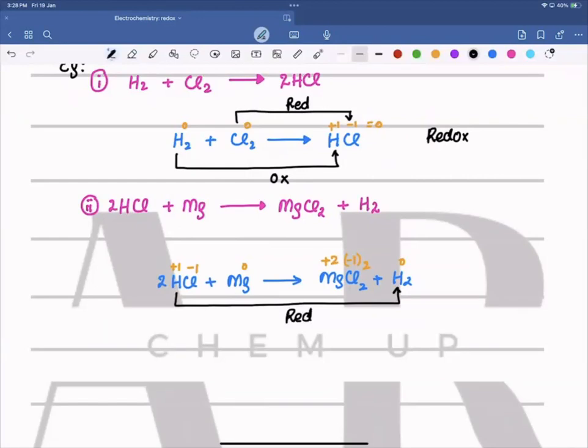And if we look at magnesium, it's initially 0 and then it turns to be +2, which means magnesium oxidizes or undergoes oxidation. So it is also a redox reaction. Is this understandable? Yes, sir.